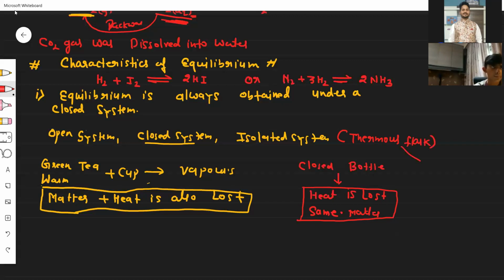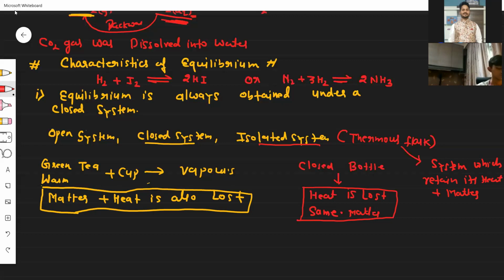So a system which retains its heat plus matter, that kind of system is called an isolated system. I hope you have got the idea of these three systems.